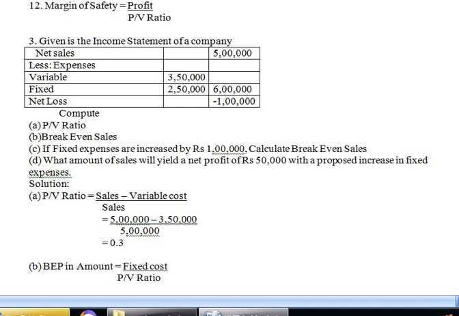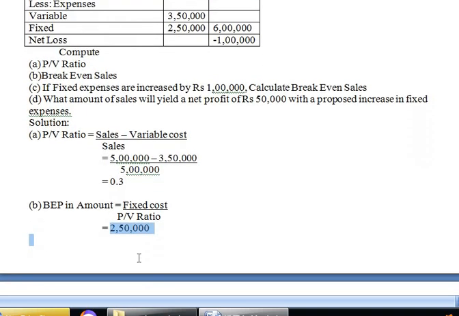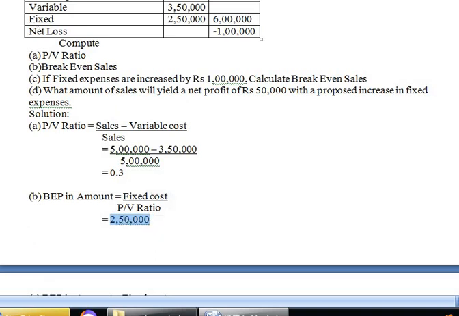Now next they have asked us to find out break-even sales. It means we need to find it in amount, because they have given us the information in amount. So BEP in amount is equal to fixed cost, which is also given in the problem. Fixed cost is 2,50,000, divided by PV ratio, which is 0.3.